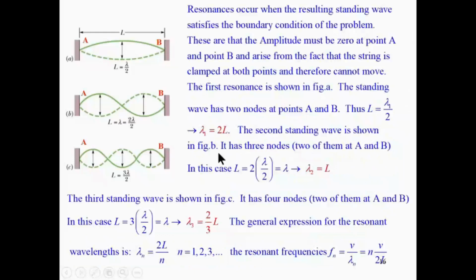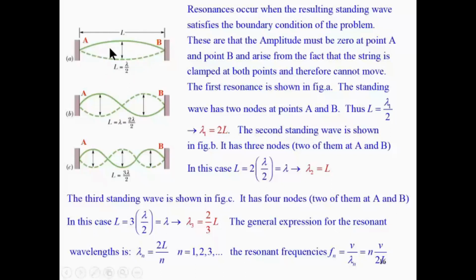This is called the fundamental, the first possible standing wave that you will see. Since the string is fixed at both ends, no matter how you oscillate it, these ends should be the positions of nodes, because they can't vibrate. This is called the fundamental standing wave, fundamental vibration, or first resonance.